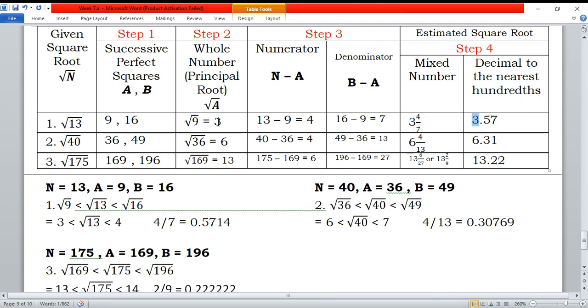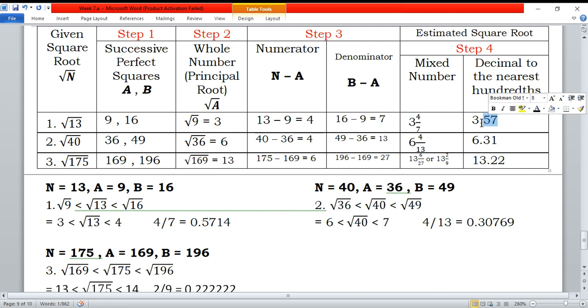Napansin nyo? Yung principal root ng nasa kaliwa ay gagawin nating whole number ng estimated square root. Pansin nyo, yung 6, andito. Then yung 13, andito. So, ang poproblemahin na lang natin yung decimal place.